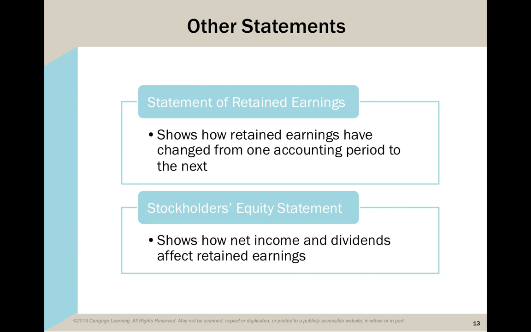So some other statements that are included in accounting, you have your statement of retained earnings, which shows how retained earnings have changed from one accounting period to the next. So you subtract any dividends that are paid to shareholders from the net income.